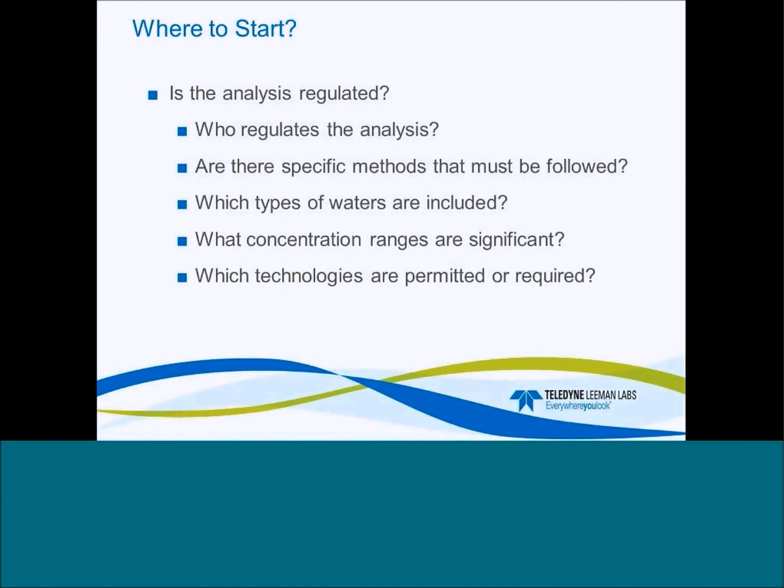So you need to start by getting a good handle on who regulates the analysis, if there are specific methods that are required, what types of water you're allowed to analyze, the concentration ranges that are significant not only in terms of report limits, but also in terms of your typical concentration in your samples. And finally, which technologies are permitted by those methodologies if you are following a specific method.